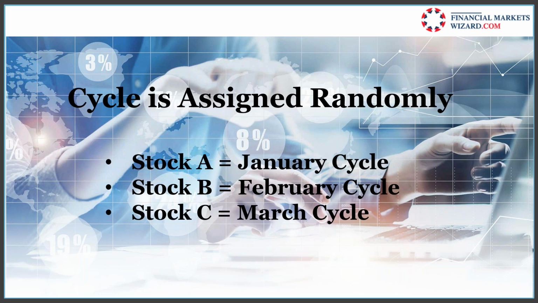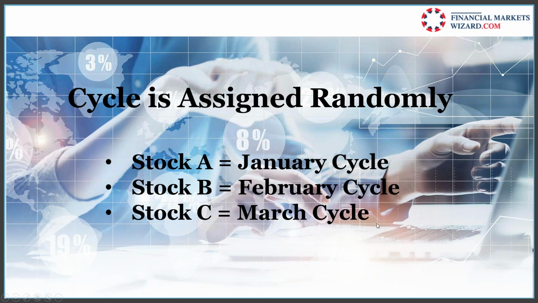So when a new stock is listed in the stock exchange, and they decide that they will trade options, then they are assigned a cycle. Suppose there are 3 new stocks getting listed for option trading. They can be randomly assigned like this: stock A could be assigned to January cycle, stock B could be assigned to February, and stock C could be assigned to March cycle.